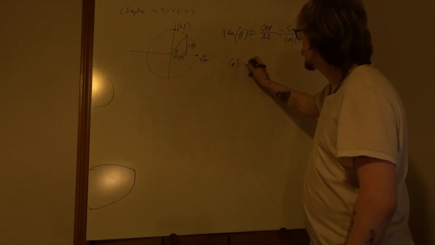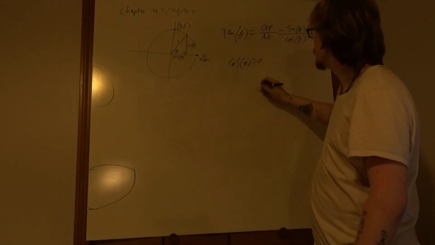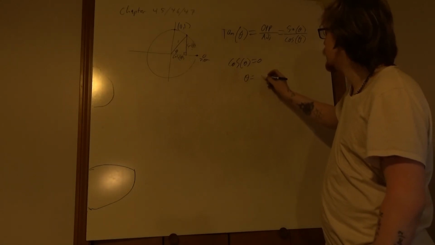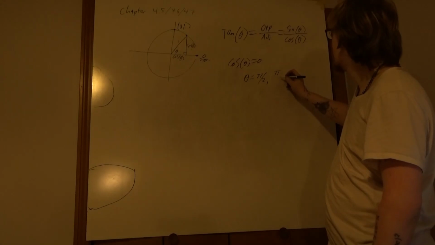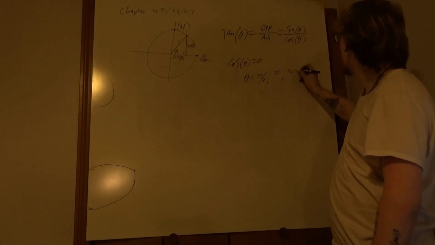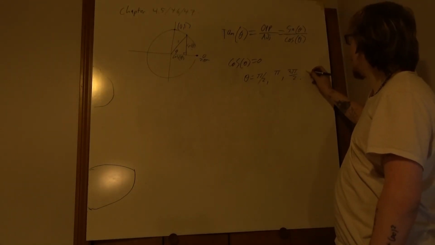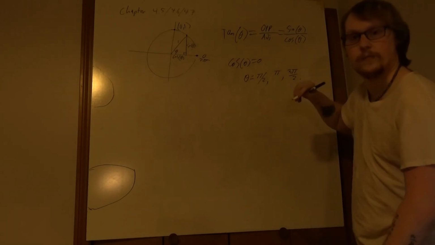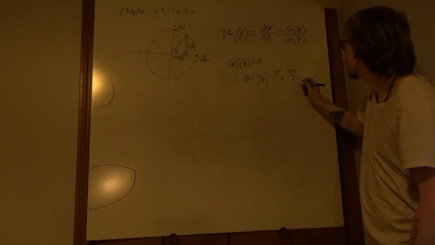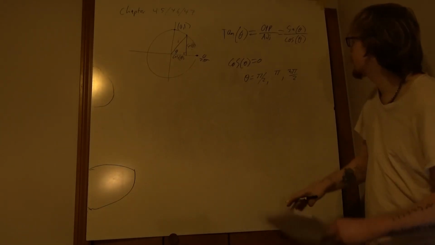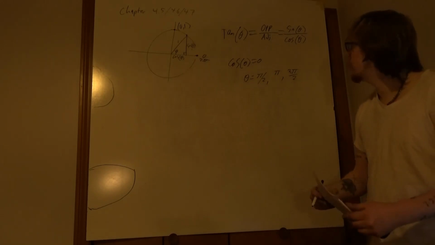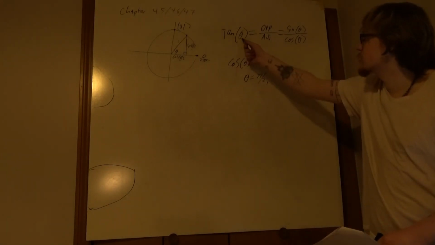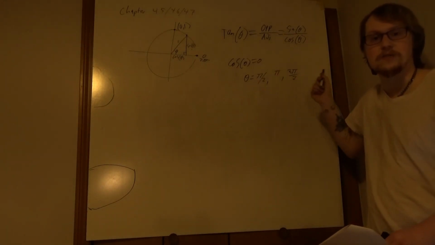Well, cosine of theta equals 0 at theta equals pi over 2, 3 pi over 2, and of course, wrapping around infinitely. That means tangent is going to have a vertical asymptote at each of these values.